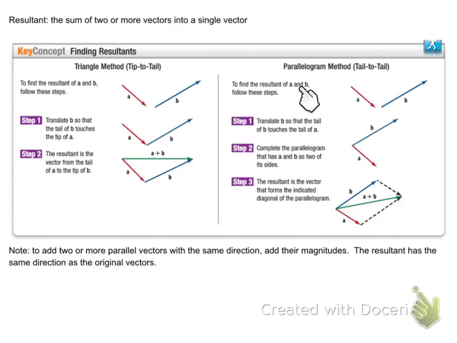The second method is called tail to tail, which means, if you notice that on both of these, they're the same starting stuff, is that A and B, what they can do is take B and now move it so the tails are touching each other. I still leave B and A facing the right direction that they started with. I'm not changing that.